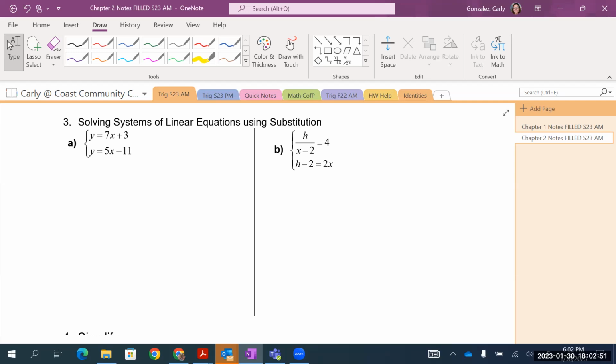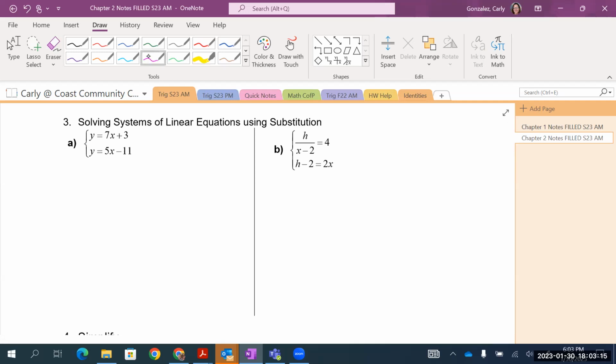So if you look, this first equation alone has infinitely many solutions. This second equation alone has infinitely many solutions. However, together, there's only one solution that works for both of these equations. So let's take a peek.